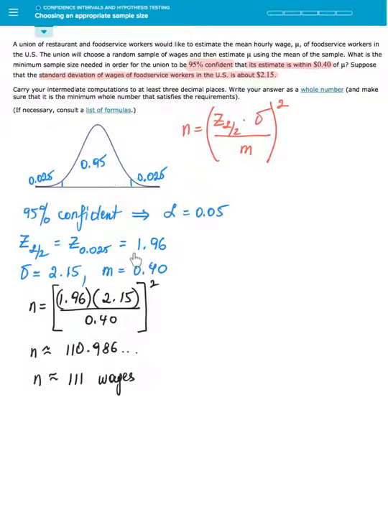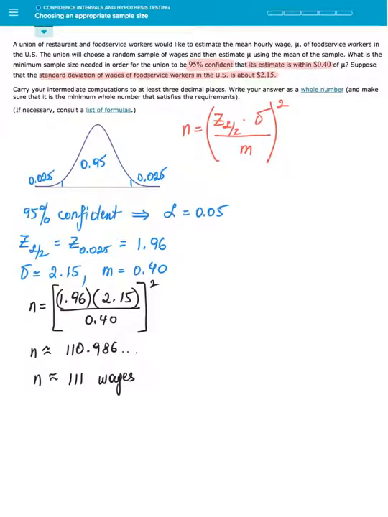If you use the inverse norm function, you can find z sub 0.025 to be 1.96. I highly recommend that you simply memorize the common critical values that come from 95% confidence or 90% confidence, 98% confidence, whatever common percentages we're using, they will show up very often. So just memorize them instead of computing them every time.